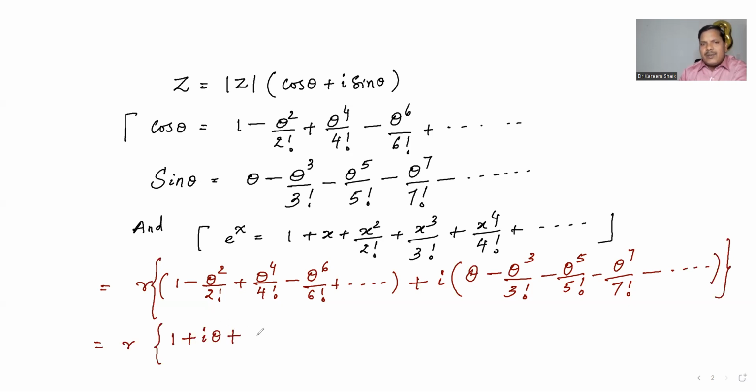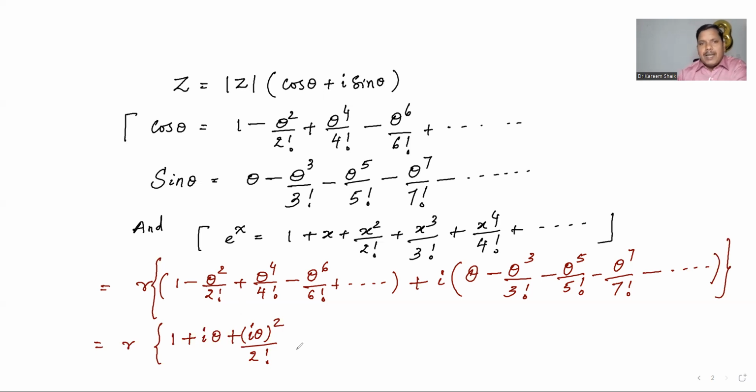Here actually negative is there, so I can write iota square theta square, which is iota theta whole square upon 2 factorial. Why? Because here it is minus theta square by 2 factorial, but I am making it a positive sign. We know that iota square is negative 1, so negative theta square by 2 factorial. I am not changing anything here.